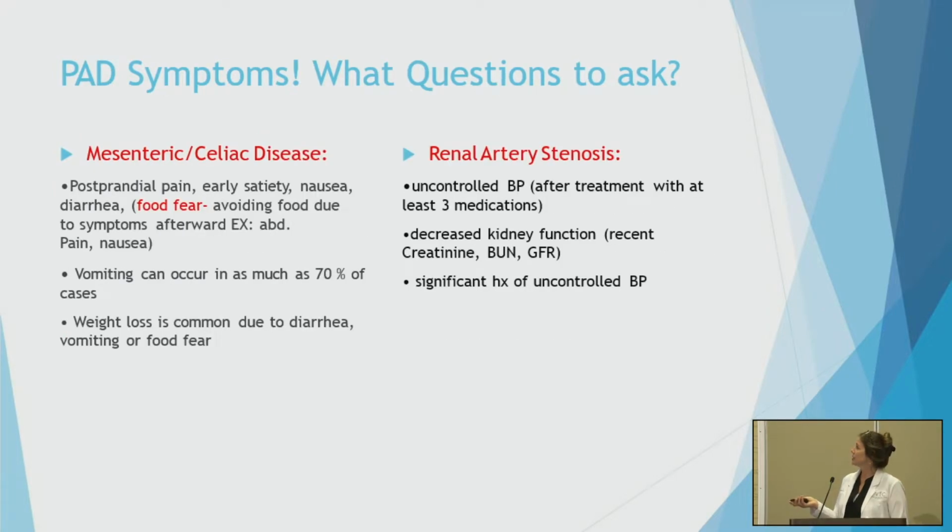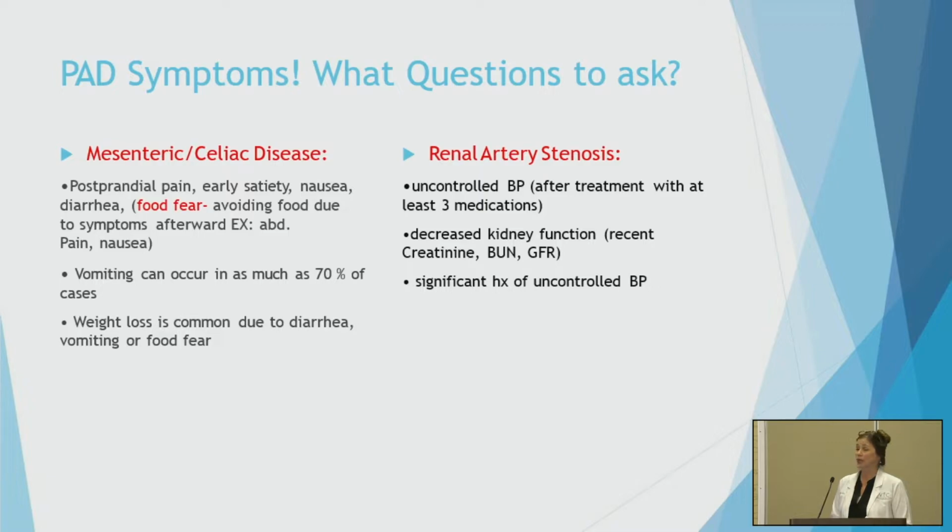If a patient is suspected of having mesenteric or celiac disease, questions to ask these patients are, do you have postprandial pain or early satiety? Do you have frequent nausea or vomiting or food fear? What happens with a lot of these patients is they become fearful of eating because they know shortly after eating they're going to experience the nausea, the vomiting, the stomach pain.